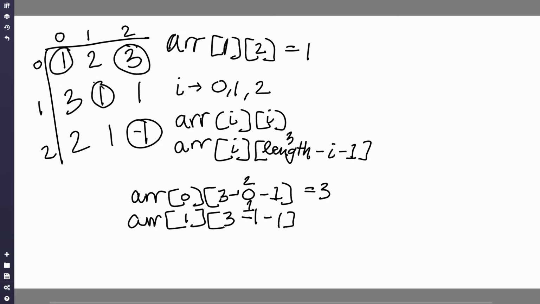So array at 1, 1 is going to be 0. I guess we should just finish it off. So when I is 2, we'll have 3 minus 2 minus 1, which will be 0. So array at 2, 0, value 2.